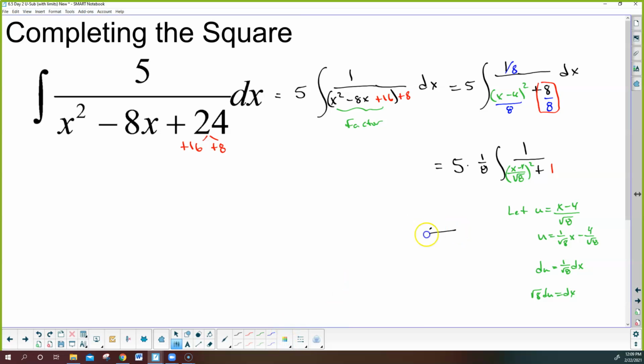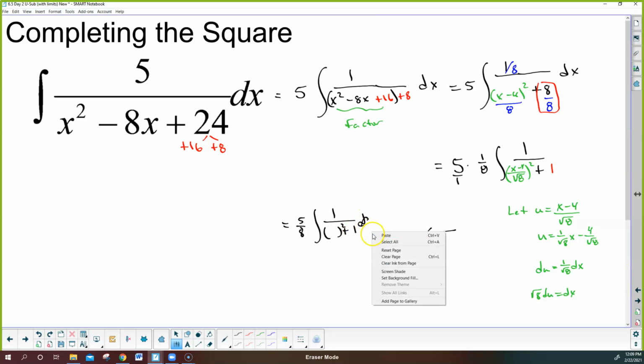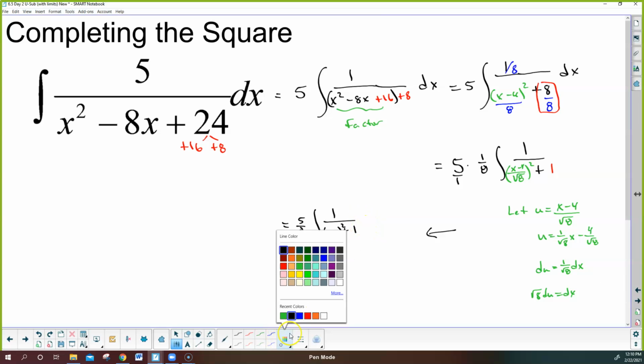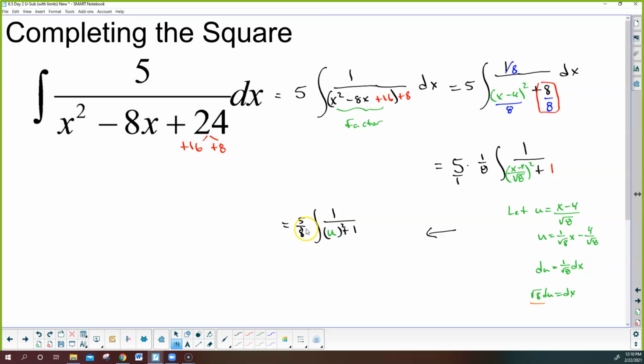Okay? And now, unfortunately, I don't have enough room, so I'm going to have to go back the other way. I have 5 times 1/8, or 5/8, is 1 over u, so we're going to replace this whole thing with u, and then the du has an extra square root of 8 in it.